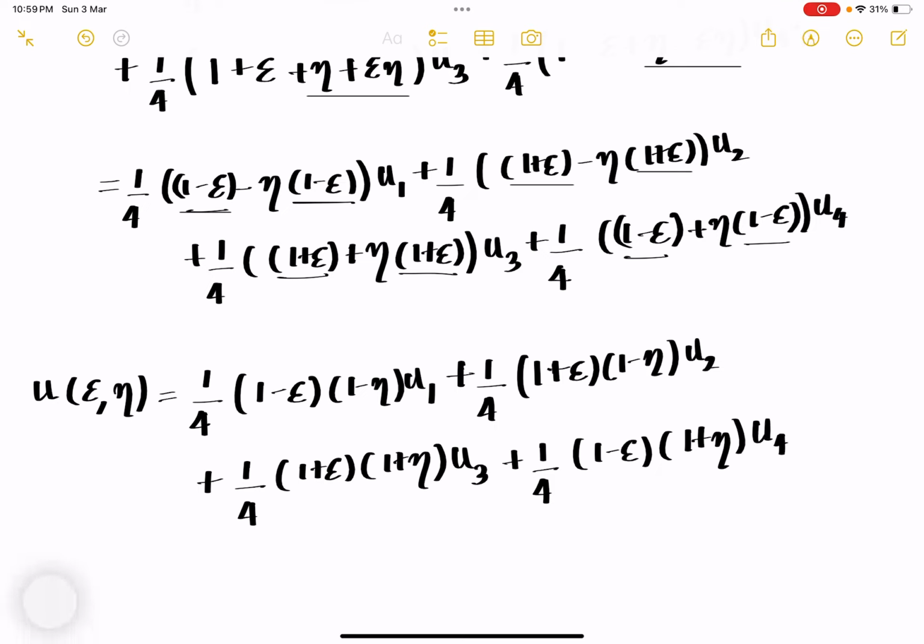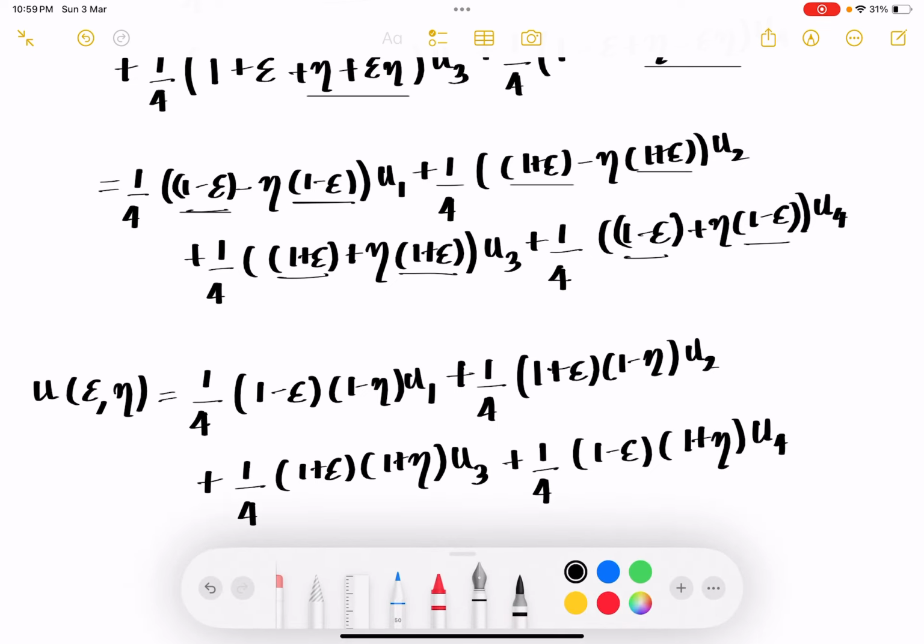And if you look at these terms, this is of the form n1 u1 plus n2 u2 plus n3 u3 plus n4 u4. Okay, so these will be our shape functions. So let me mark that down.